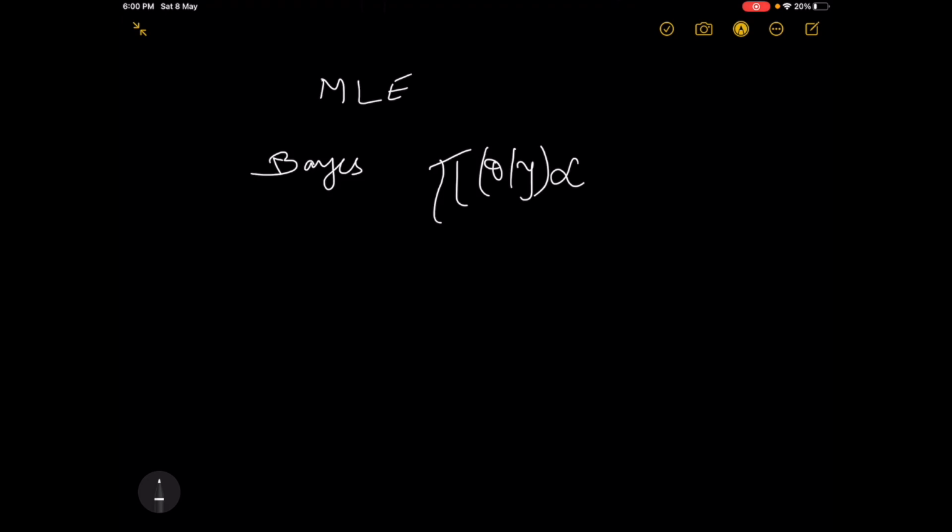This posterior distribution is proportional to the sampling density of the data times the prior density of the parameter. So, the Bayes perspective involves viewing the parameter as a random variable, which is in contrast to the classical estimation technique where the parameter is regarded as fixed.